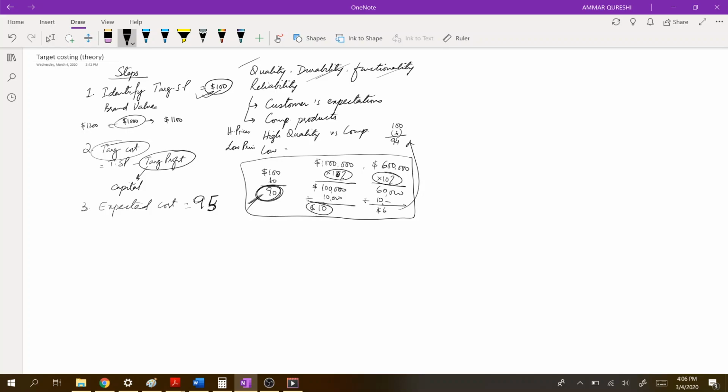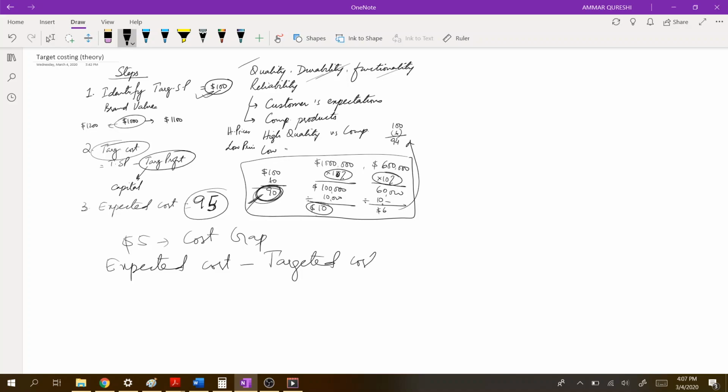So that means what we want is a $90 cost, but what the R&D is providing is 95, right? So my expected cost is $5 more than the targeted cost. So this $5 is basically called the cost gap. Now, what is cost gap? Cost gap is the difference between expected cost and targeted cost.